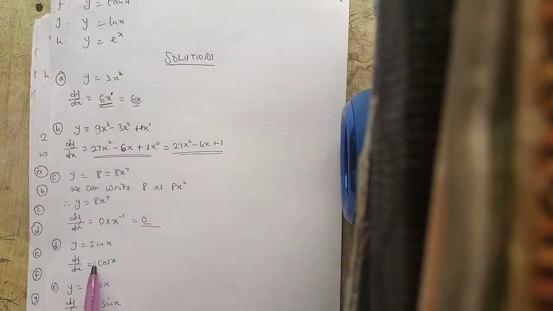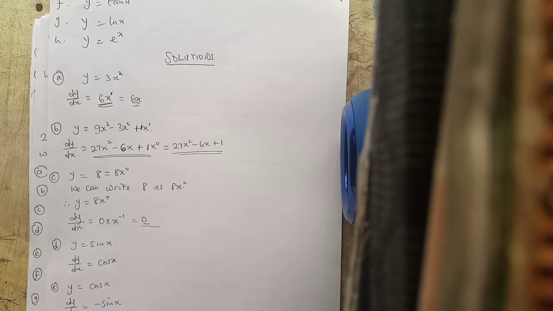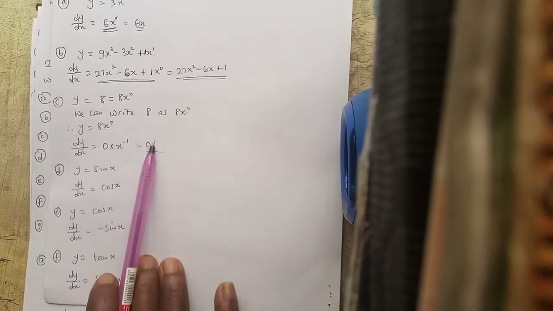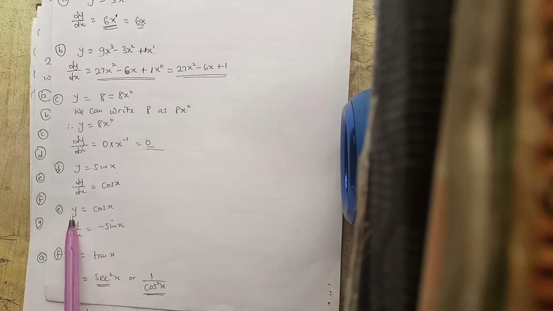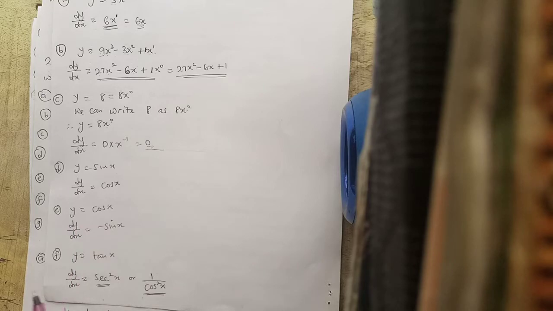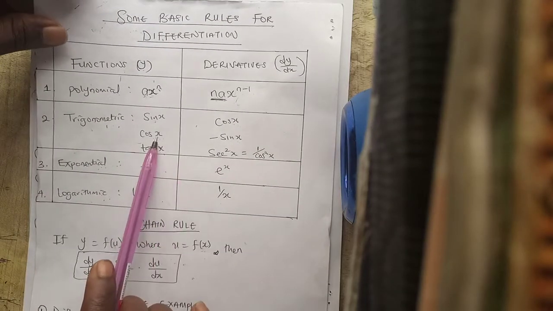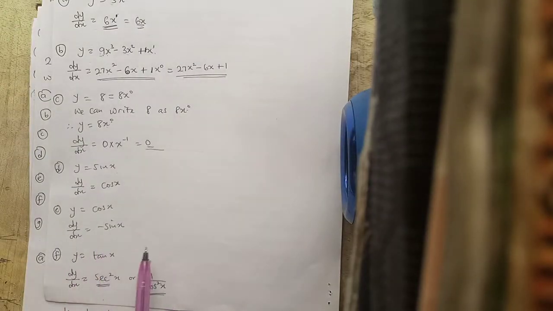Also you move to the next one, which says y equals cos x. Check the table. The table tells us that whenever we differentiate cos x with respect to x, we are going to have minus sine x. So simply here you just write minus sine x.